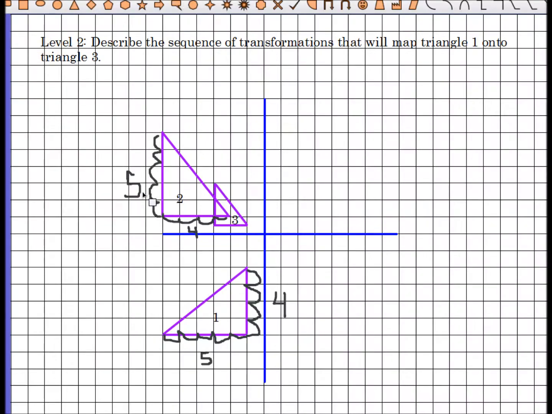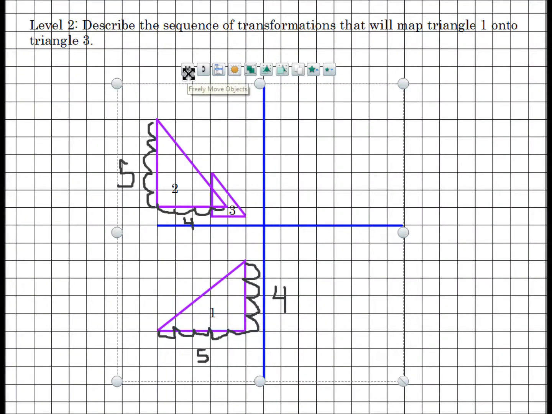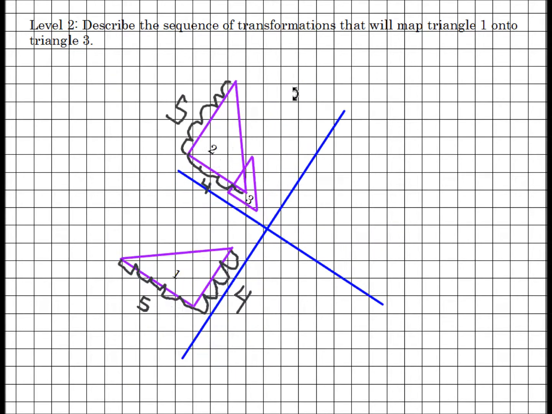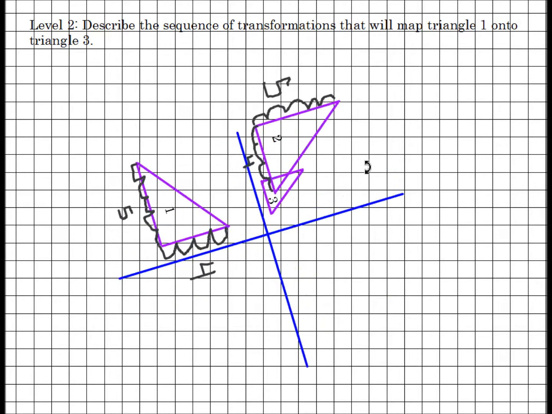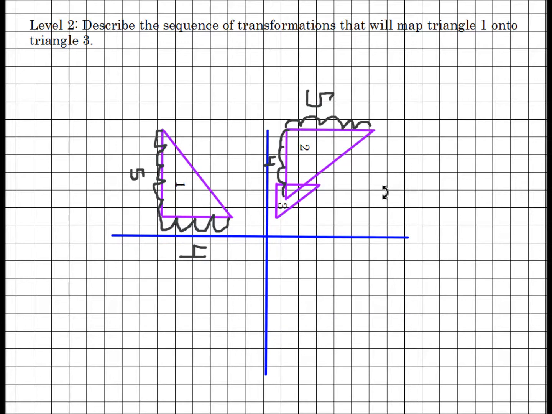If we take this entire figure, and I'm doing this with no patty paper, so just humor me for a minute. If I take this entire figure and I rotate, now I'm looking at triangle number 1, I'm looking at this triangle, and I rotate 90 degrees clockwise, 5 is now standing up, and 4 is at the bottom.